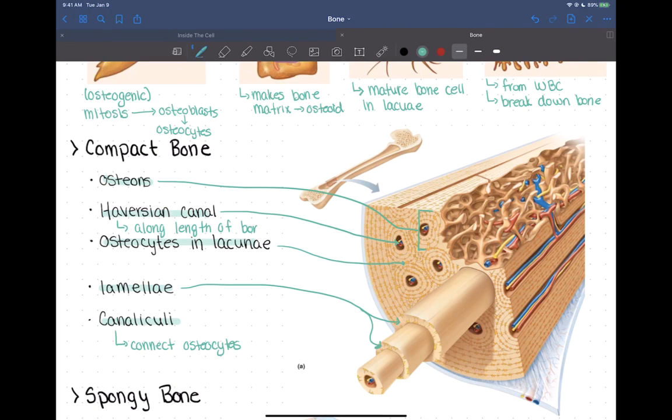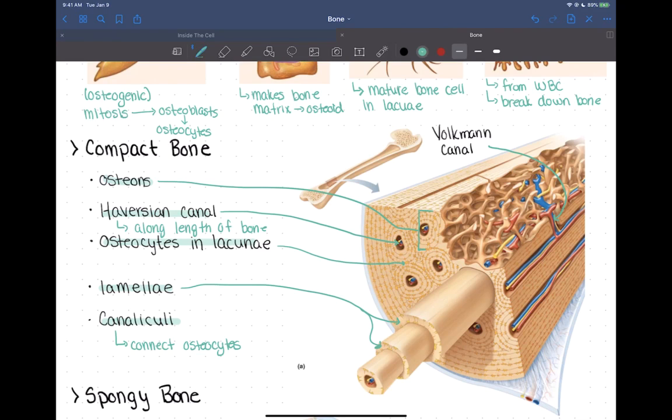Okay, and so there's another series of canals that run perpendicular to that. They are called Volkmann or perforating canals. They run crosswise on a bone. We have an example of one here, so that would be a Volkmann canal.